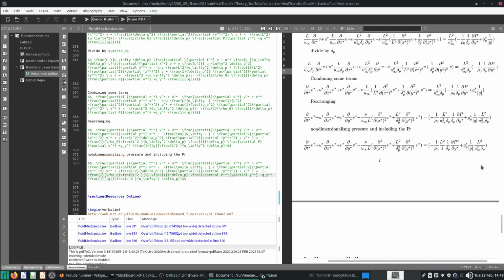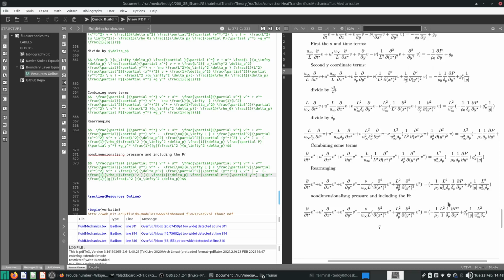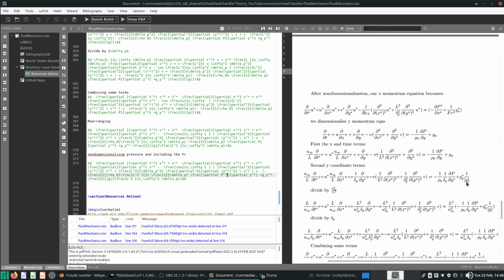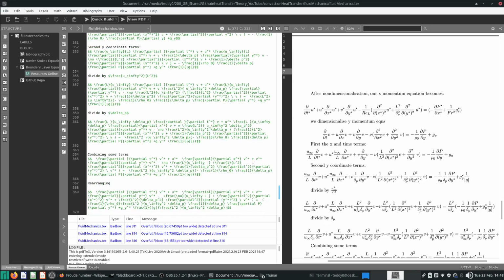Did I do something wrong? I hope not. Anyway, G times L over U squared. So G should be on top. Hold on, I think I did something wrong there. Yes, this G should be on top, not at the bottom.